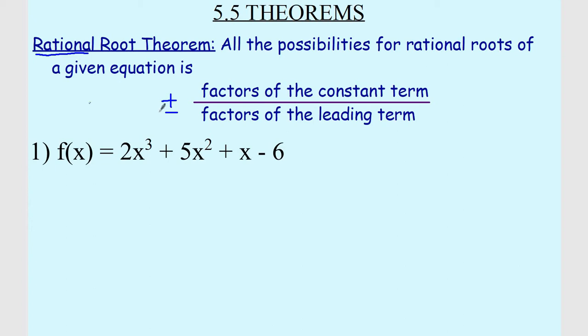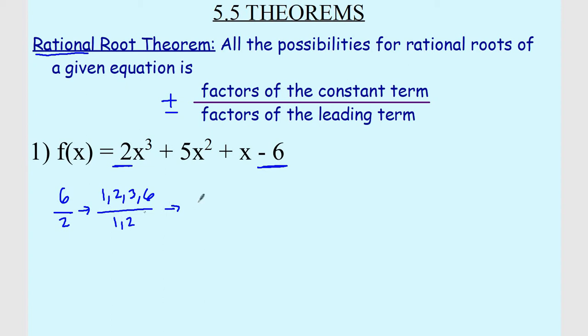So the possible roots, you take the factors of the constant, so 6, over the factors of the leading coefficient, so 2. So our factors of 6 are 1, 2, 3, and 6. The factors of 2 are 1 and 2. So we list all the options.